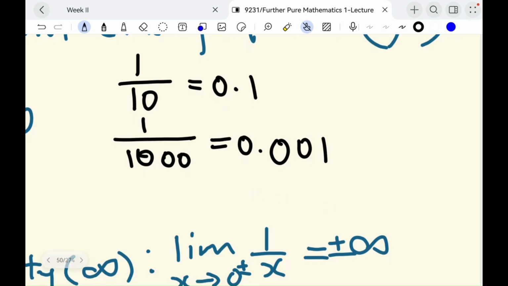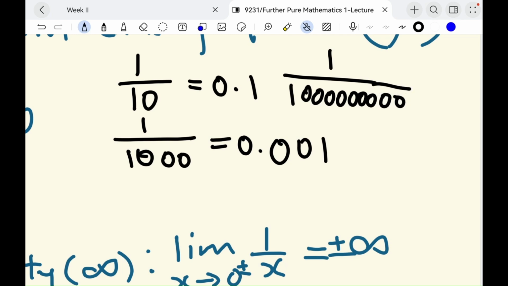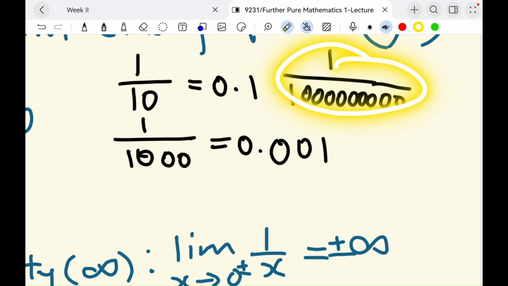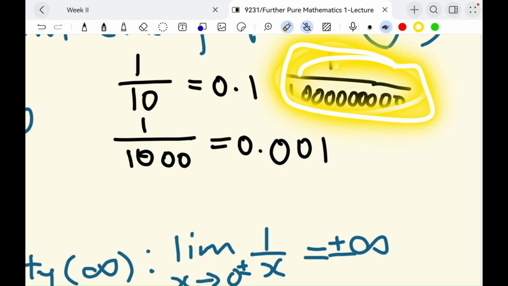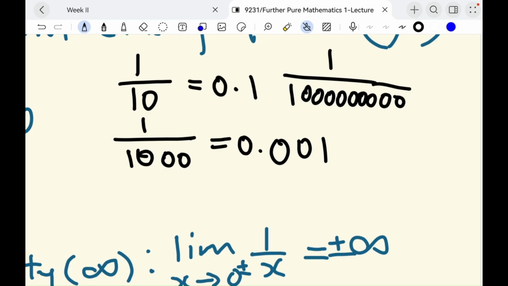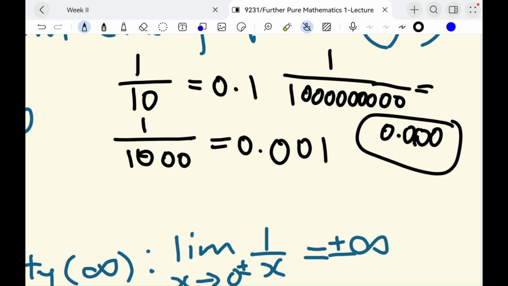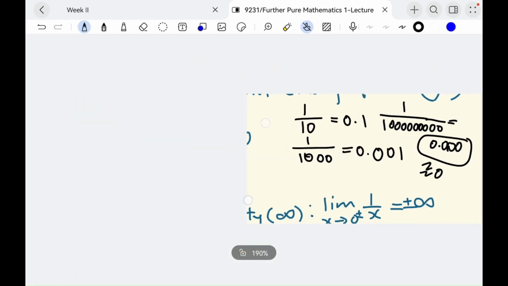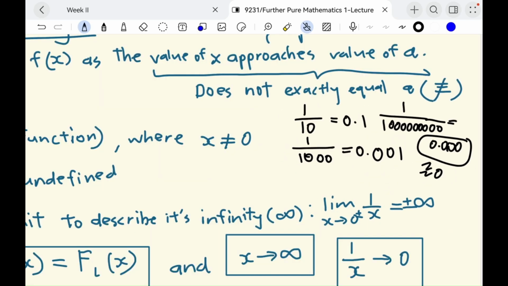Now we increase the value of the denominator and see. The denominator value is very large, meaning the value of the entire fraction gets smaller and smaller, giving something like 0.0000, which signifies that the limit has to be used to get 0. That's why the limit is very important for finding the horizontal asymptote, or the y value of it.